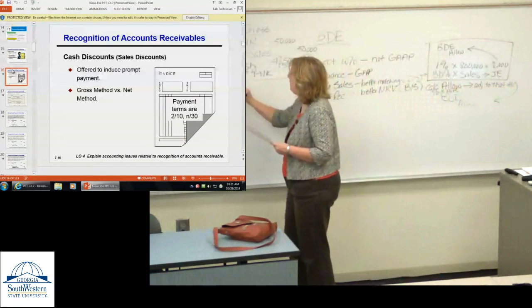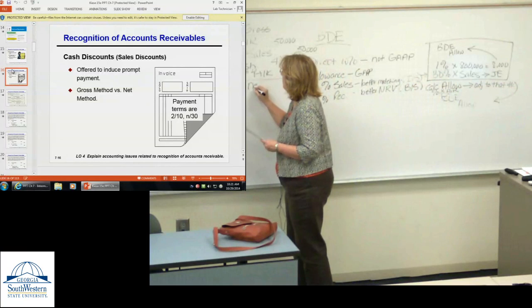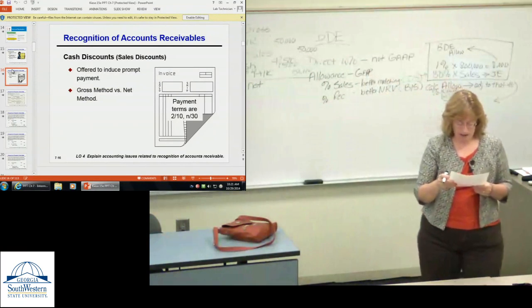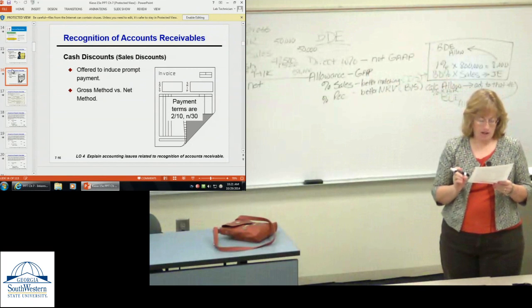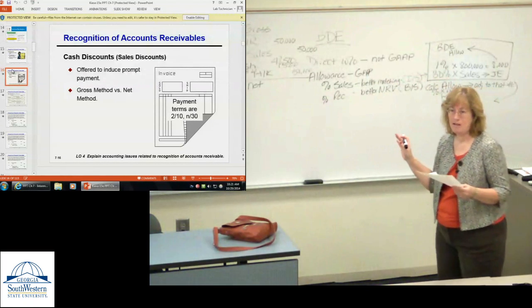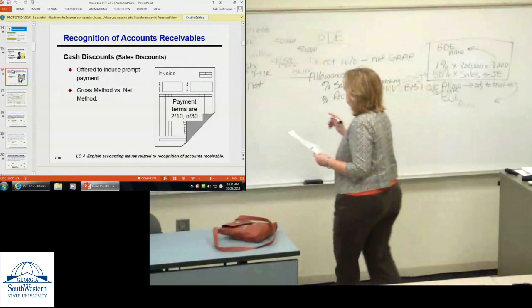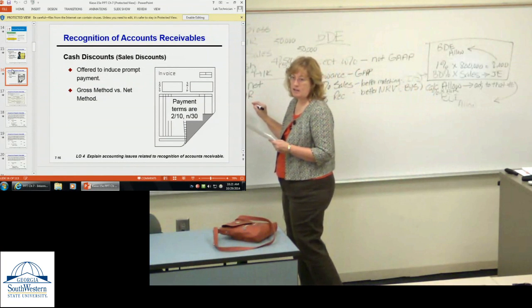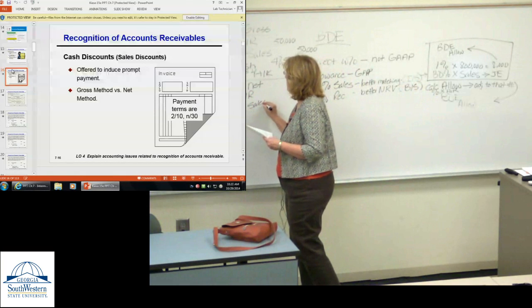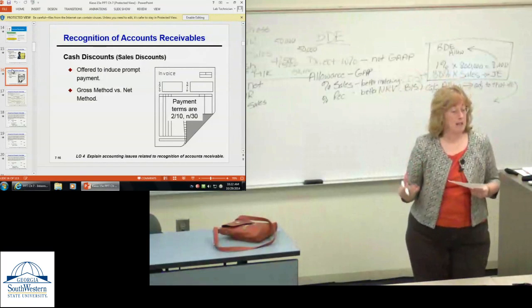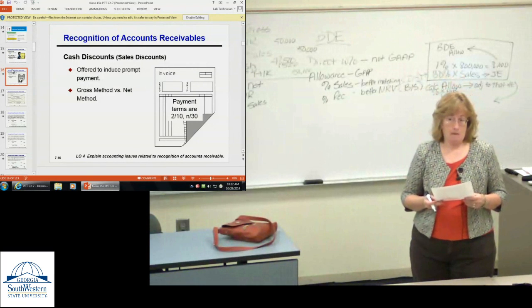All right, so now let's do the net method. You guys at the back were in charge of the net method. Angela, when you make any kind of sale, what accounts are we going to debit and credit? Debit accounts receivable and credit sales. So now under the net method, what's going to be the amount? 1,500?